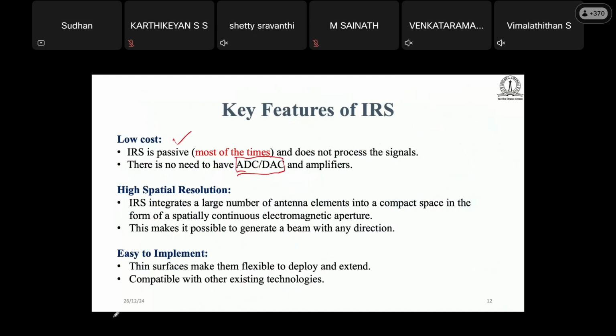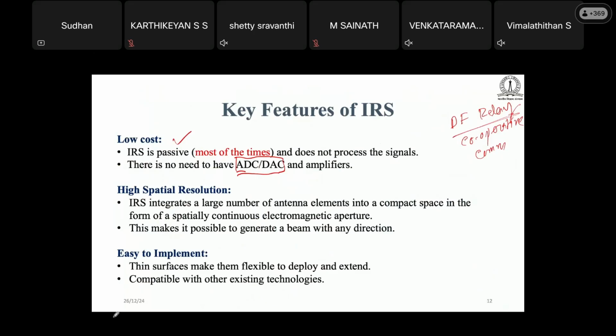Analog to digital converter or digital to analog converter. If you use a decode and forward relay, it is a part of cooperative communication. So at that time every DF needs an ADC and DAC.